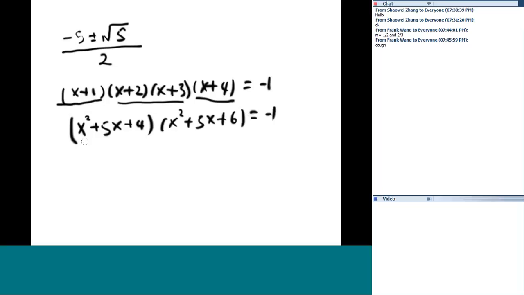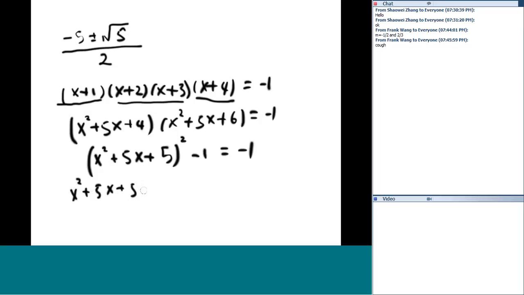So you get x squared plus 5x plus 5 minus 1, then plus 1. So it's using the difference of two squares. Right? So whatever it is, minus 5 plus square root of minus 5. Okay.